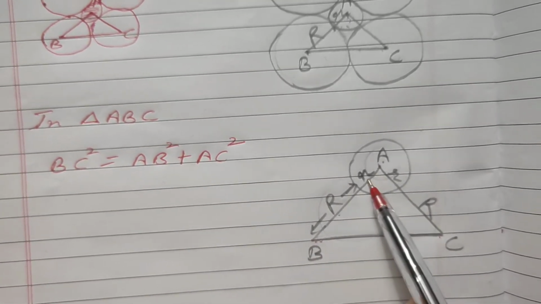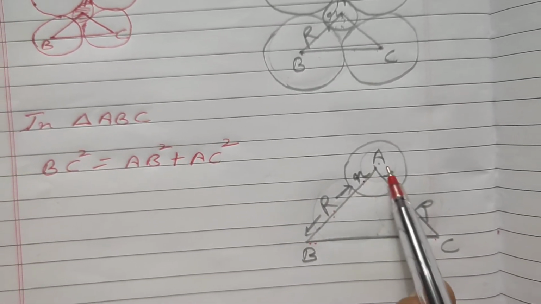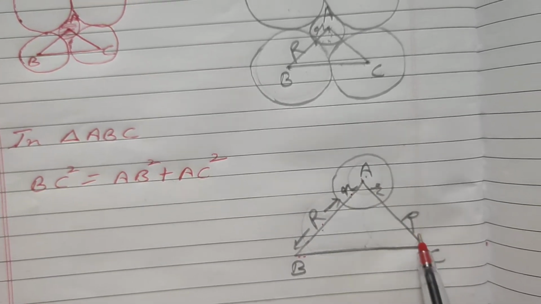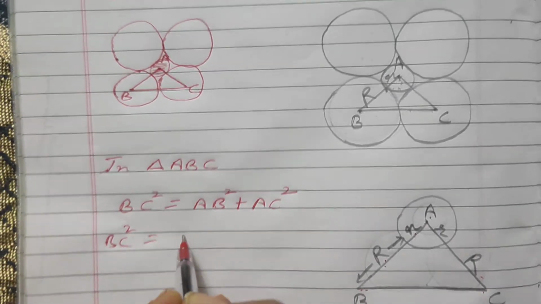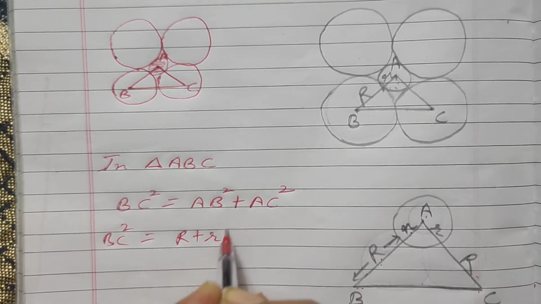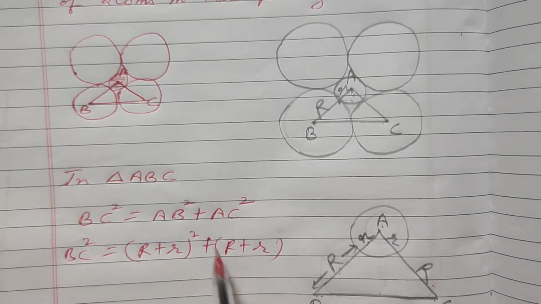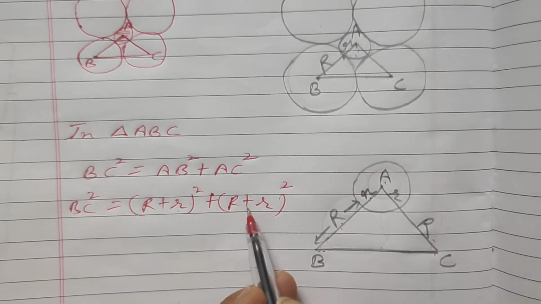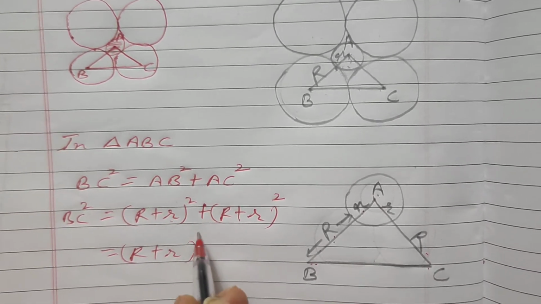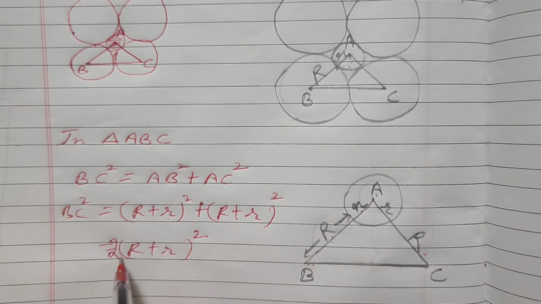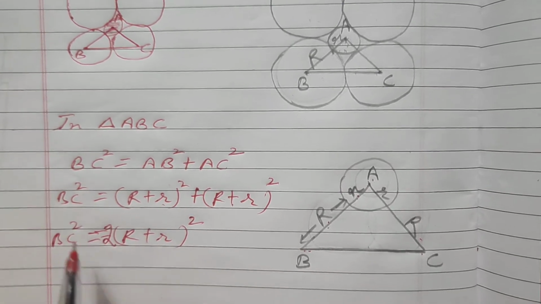AB is equal to small r plus capital R. Same, AC is equal to small r plus capital R. So write down (r plus R) square plus (r plus R) square. Both are the same, so this will be 2 times (r plus R) square.